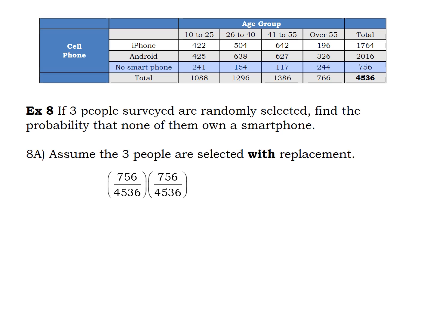Well, remember, those first 2 people have been put back in the pool. So when I go to select person number 3, how many are there to choose from? Well, 4,536. How many of those do not own a smartphone? Once again, 756.